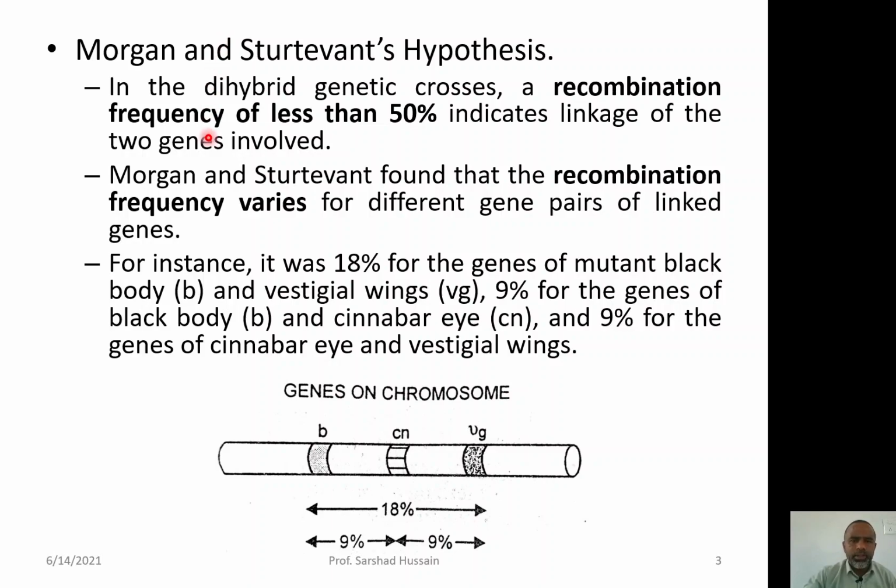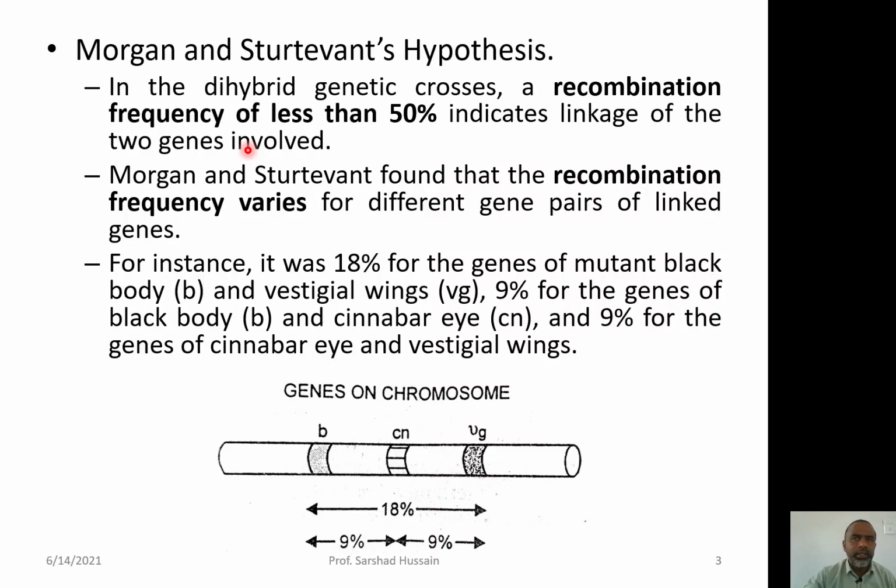According to this hypothesis, in a dihybrid genetic cross, that means a genetic cross involving two different characters, a recombination frequency of less than 50% indicates linkage of the two genes involved.